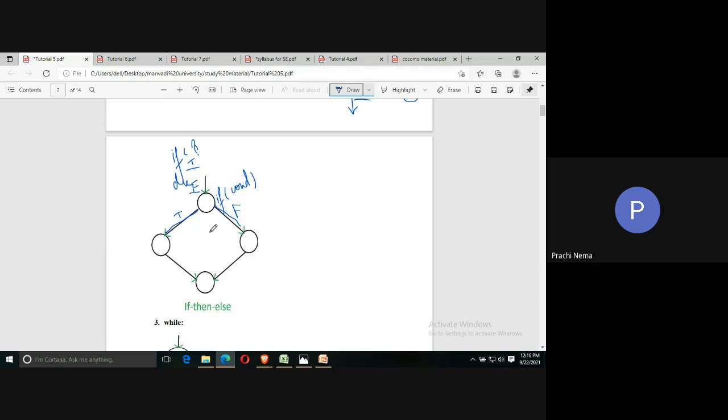So this is for if, then condition true, and else the other block will be executed, and they both will terminate at this exit block. So this is the exit, or you can say end of if, end if. This is how you can make the control flow graph for if else.